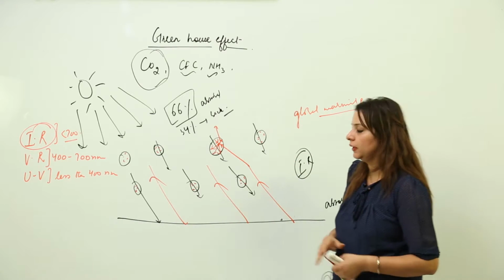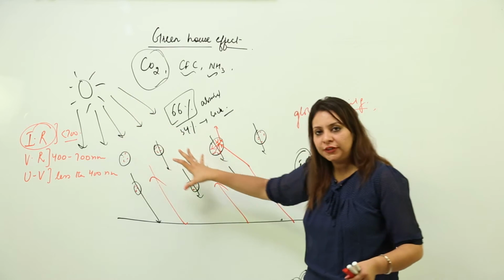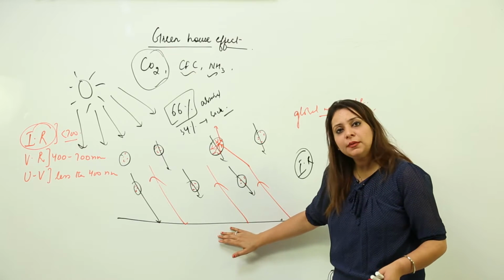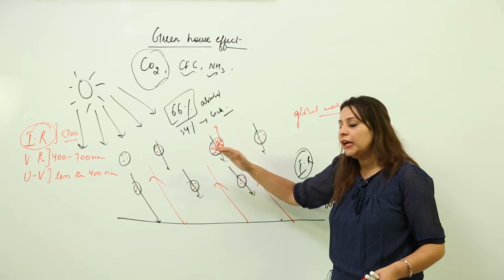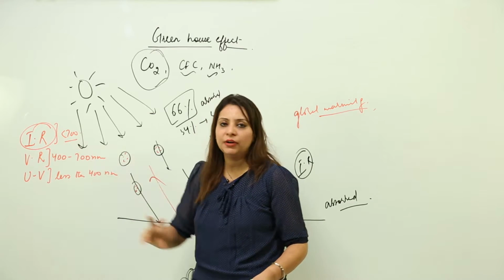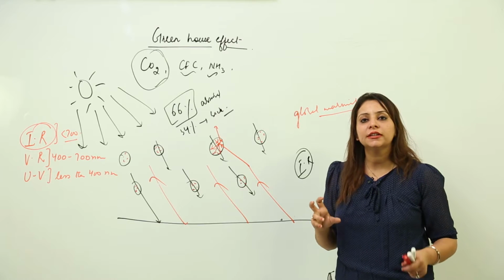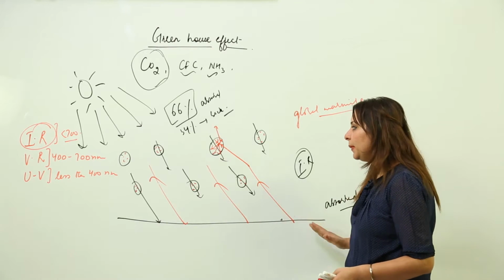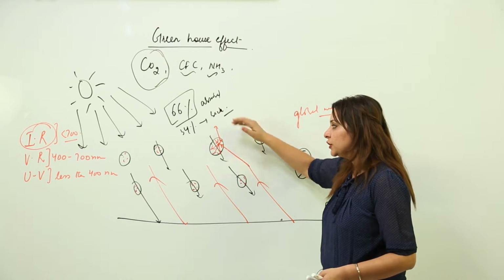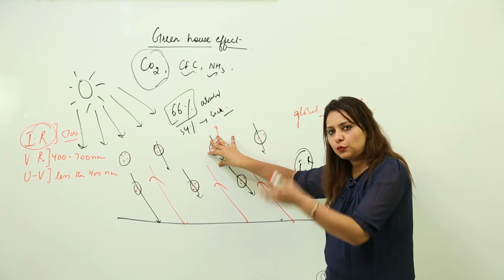Again, I am just going to explain it again. There are many radiations coming from the sun. Out of that, the maximum are absorbed, but some are reflected back. The one which is reflected back is mainly of larger wavelength, that is the infrared radiations, which are the cause of the heating effect. When they were coming in, they were of such wavelength that CO2 allowed them to pass through it.